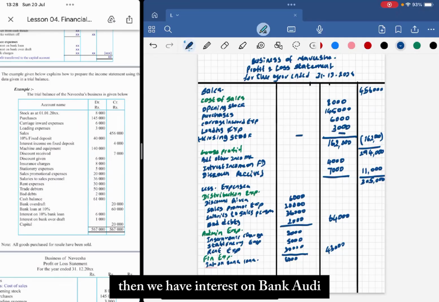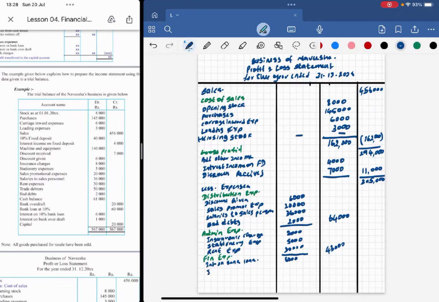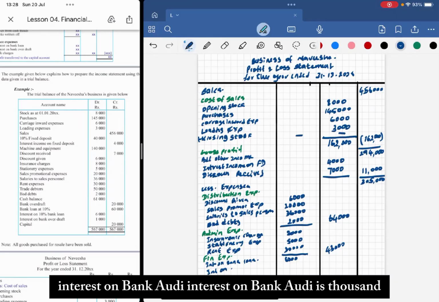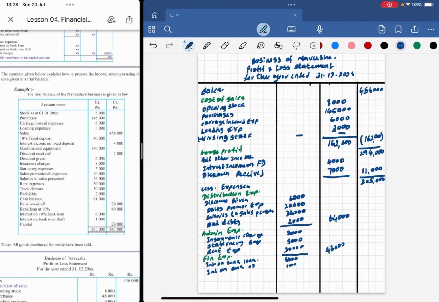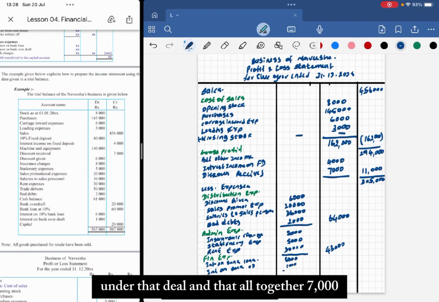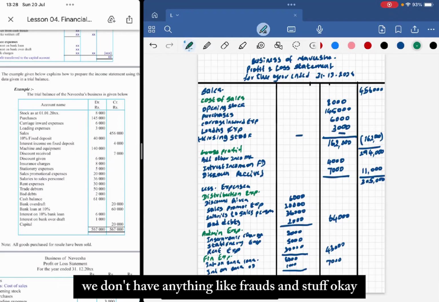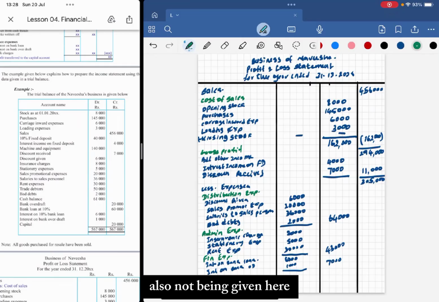Then we have interest on bank OD. Interest on bank OD is 1,000. Only that. And that altogether 7,000. We don't have any other expenses. Okay, we don't have anything like frauds and stuff. Those are not being given here.